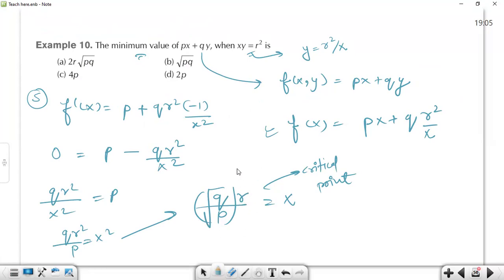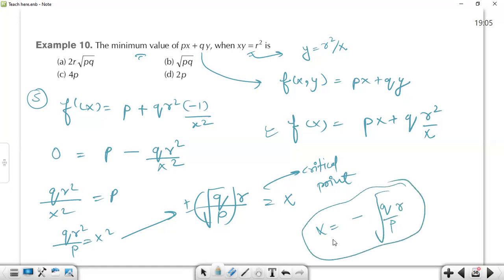So let's take the negative value of this. What would be the negative value? As we know, whenever we take a square root, there is a plus minus. So let's take the negative value of x, which is minus of r into the square root of q by p. On this particular point, f double dash of x would be negative. So now let's find f of c to find its minimum value, where c is the critical point.